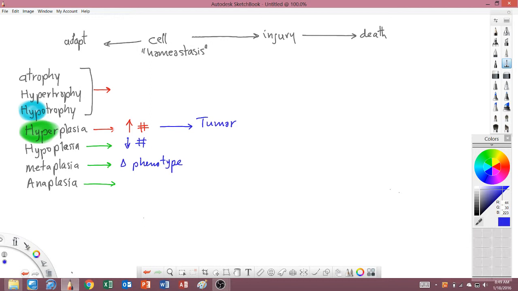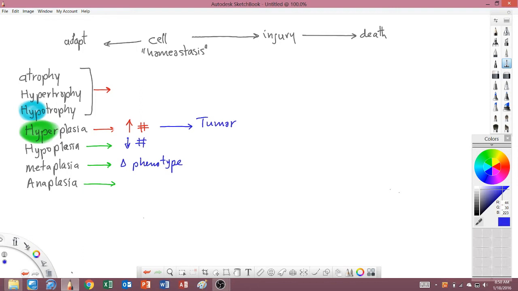Yeah? Can a cell be hypertrophy and hyperplasia at the same time? Excellent, yes. I like when you guys ask questions, because otherwise I would not have talked. Thank you. So those cells that have the ability to divide, they will have both characteristics, hyperplasia and hypertrophy.